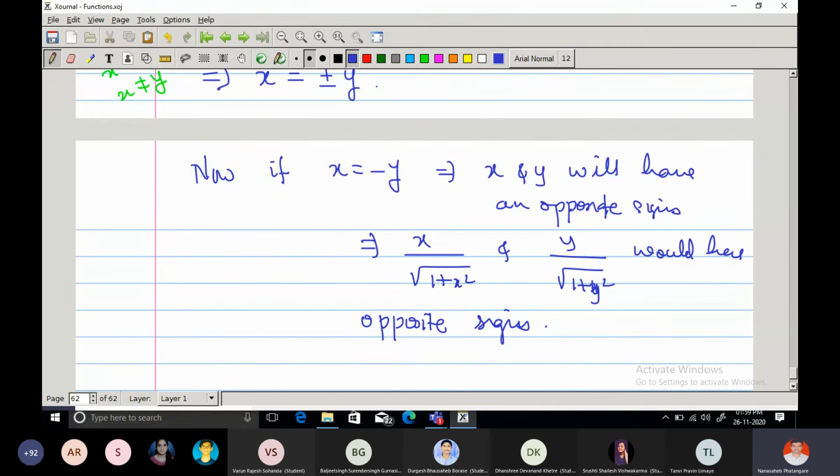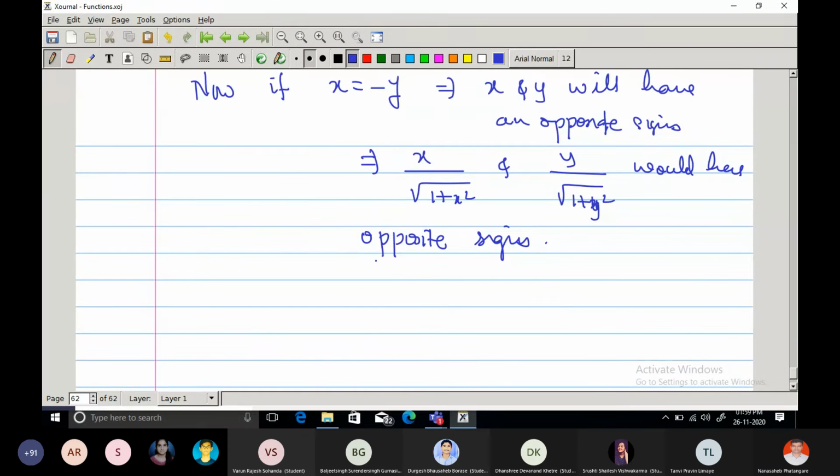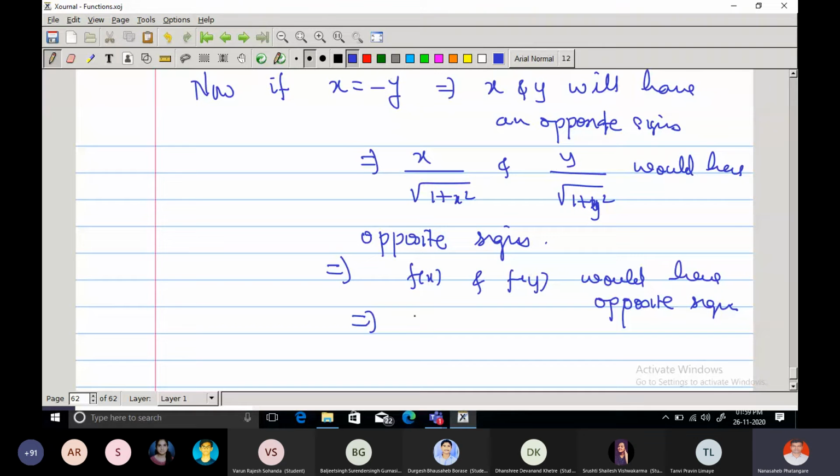That means fx and fy would have opposite signs. What does it mean? If fx and fy have opposite sign, that means fx is not same as fy. Contradiction.